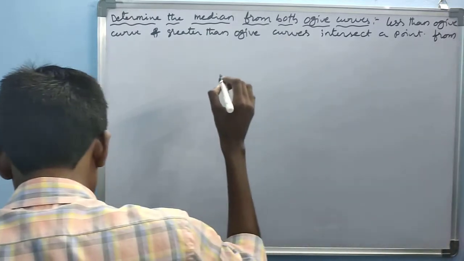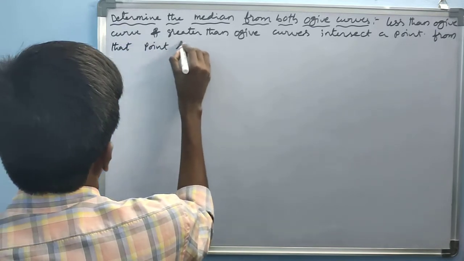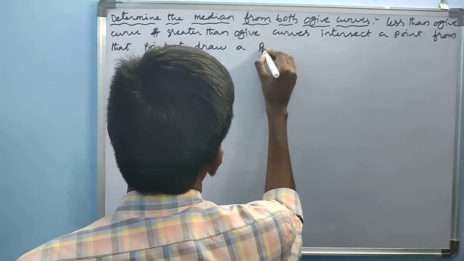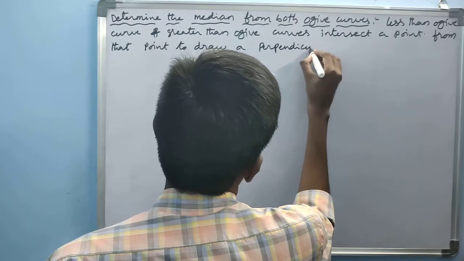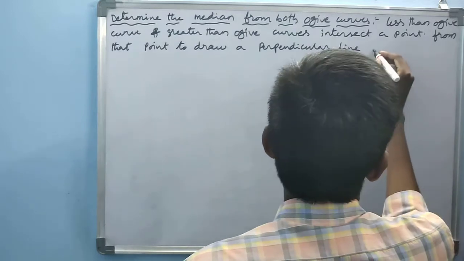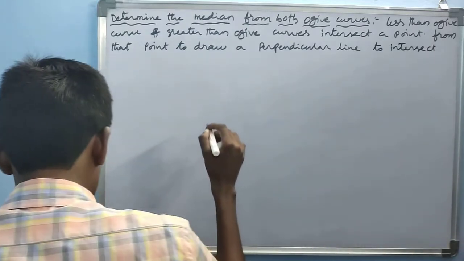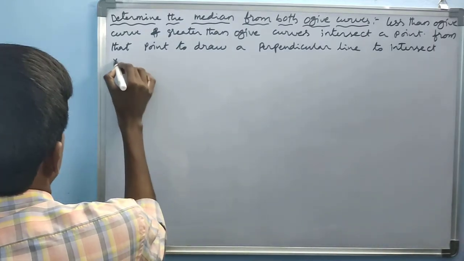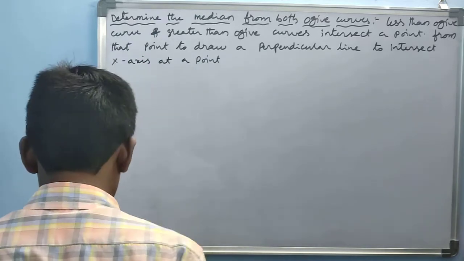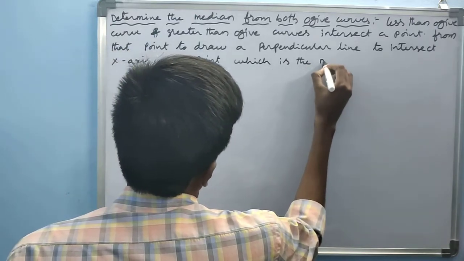From that point draw a perpendicular line to the x-axis, to intersect the x-axis at a point, which is the median.